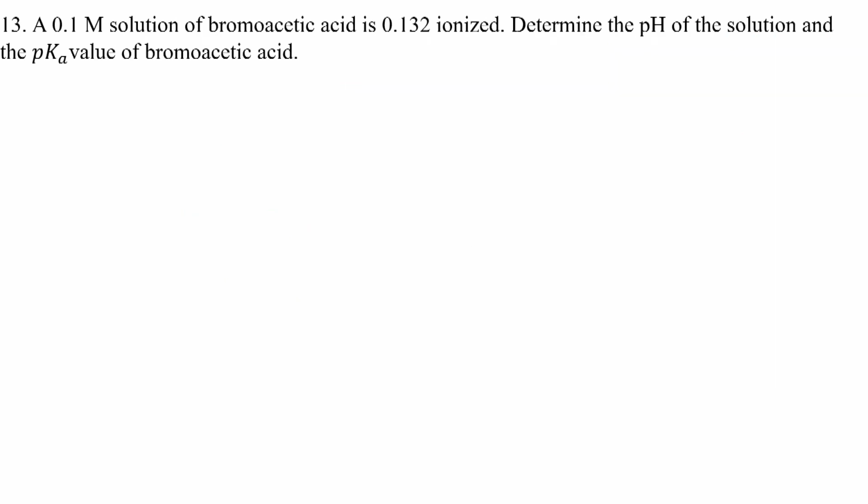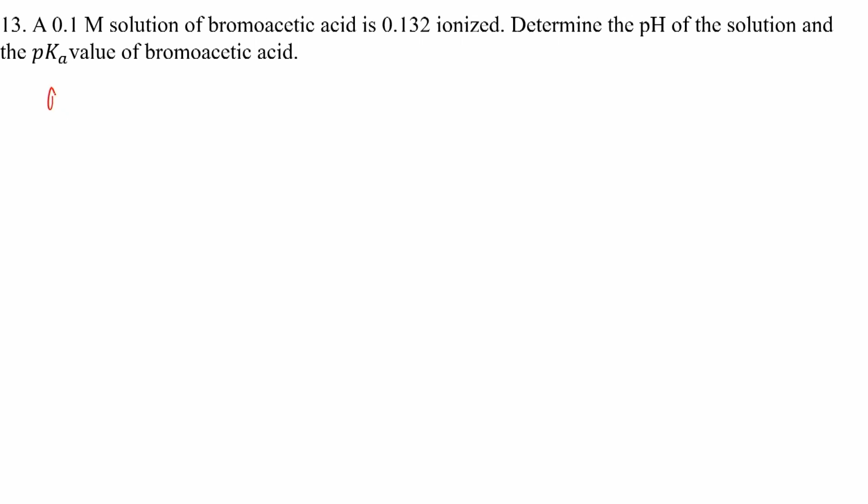Next we move to problem number 13, which says a 0.1 molar solution of bromoacetic acid is 0.132 ionized. So alpha is 0.132 here. Determine the pH of the solution and the pKa value of the bromoacetic acid.